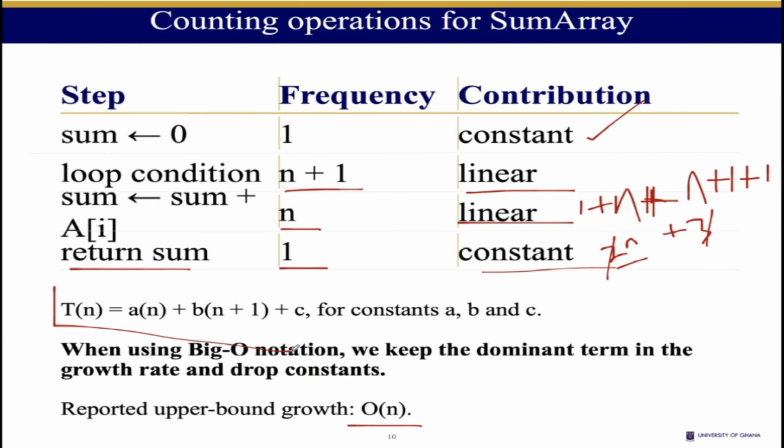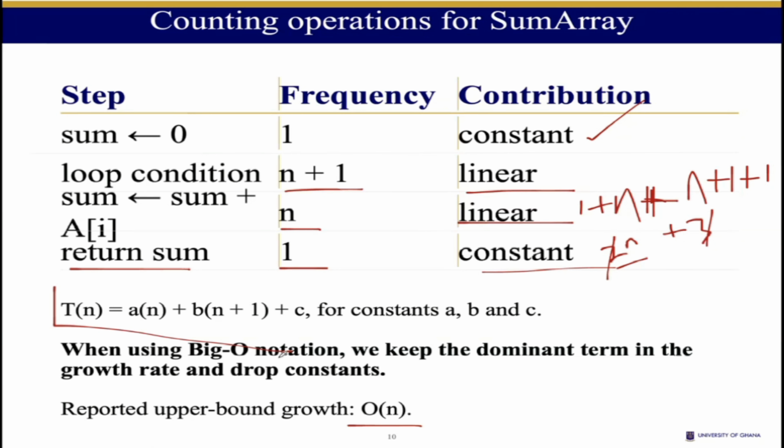So we use this function that I said you're going to see, a of n plus b n plus 1, plus a constant term. The arithmetic gives us n plus 1 plus 2, which is the same 2n plus 3. The constant terms are dropped.